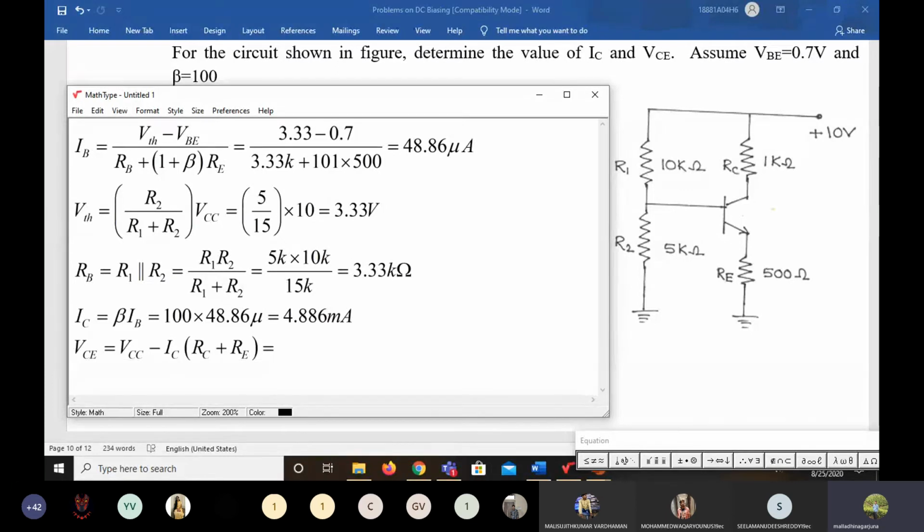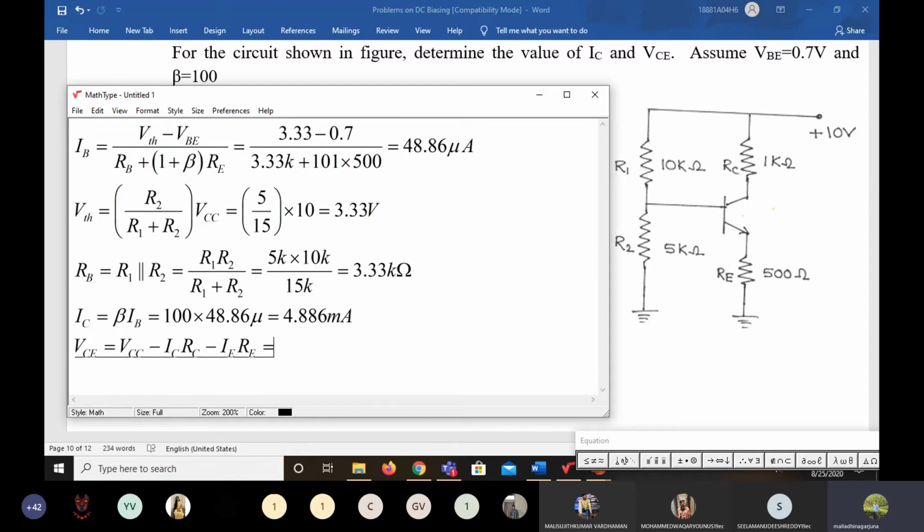But approximately IC equal to IE. To simplify our calculations, I just took this one, or otherwise you can take IE also.